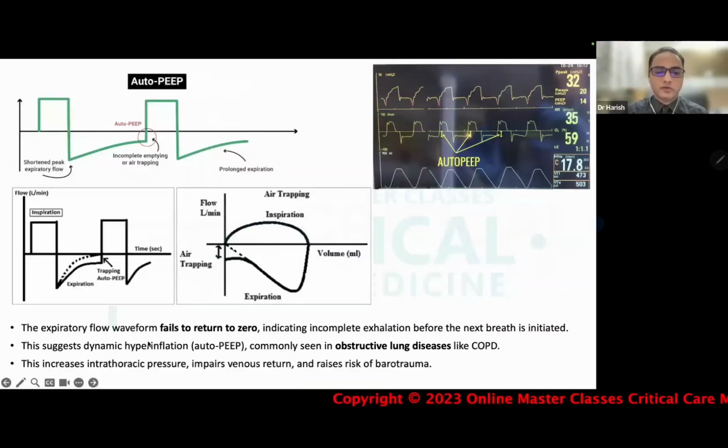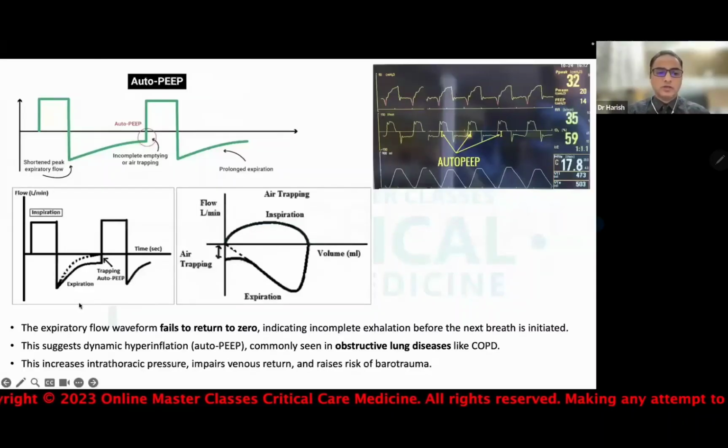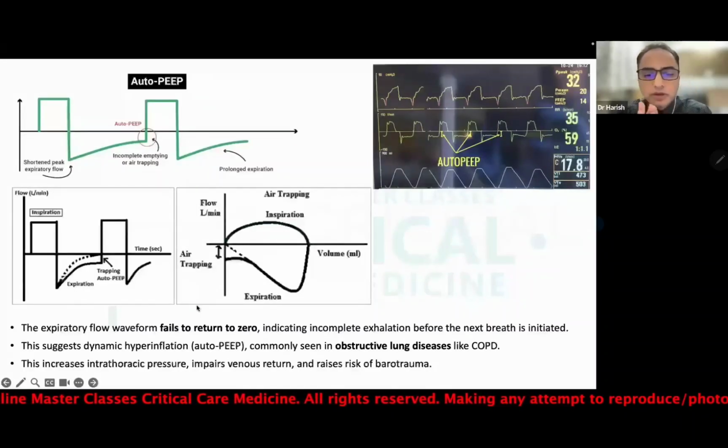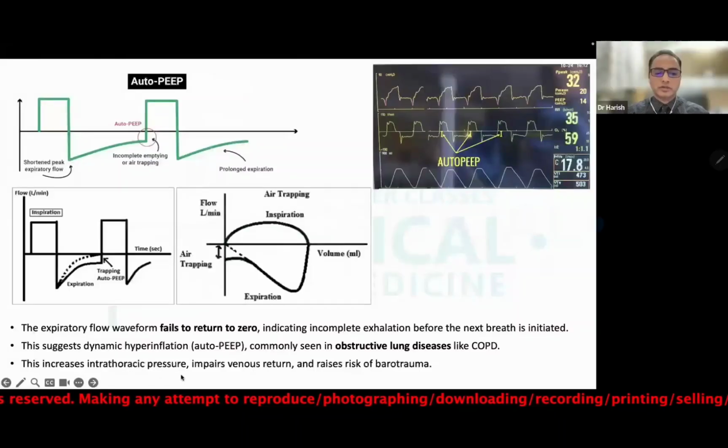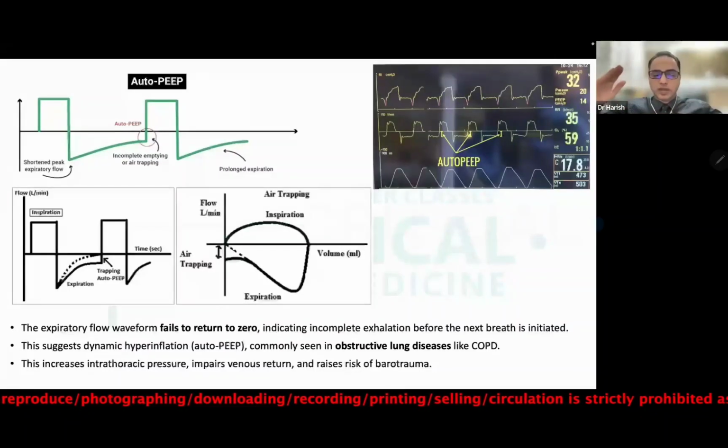So expiratory flow waveform fails to return to zero, indicating incomplete exhalation before the next breath is initiated, which suggests dynamic hyperinflation commonly seen in obstructive lung disease, particularly in acute exacerbation of COPD. So this increases the intrathoracic pressure so that it reduces the venous return. It also increases the barotrauma risk and causes reduced preload.